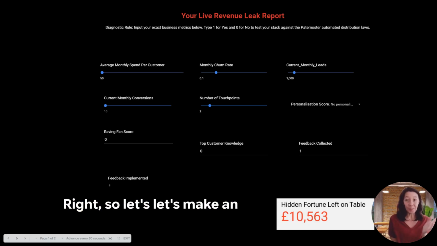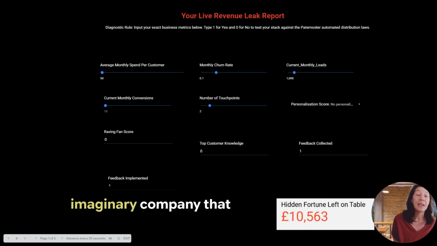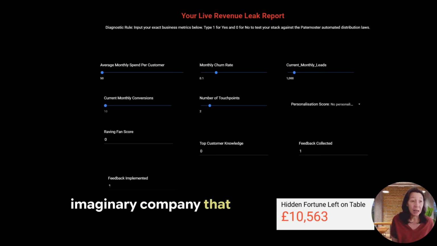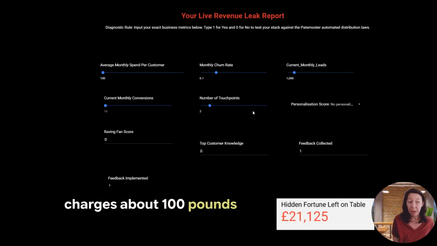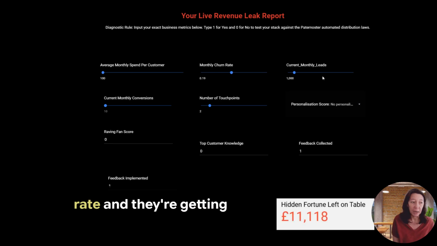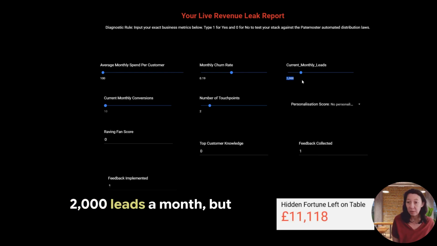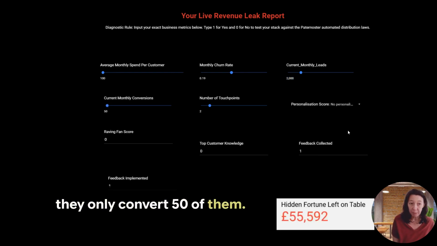Right, so let's make an imaginary company that charges about £100 per customer, and they've got a 0.19 churn rate, and they're getting 2,000 leads a month, but they only convert 50 of them.